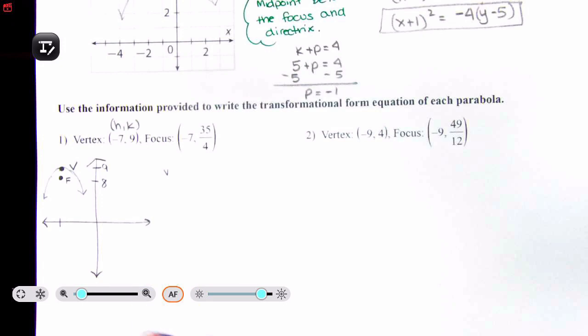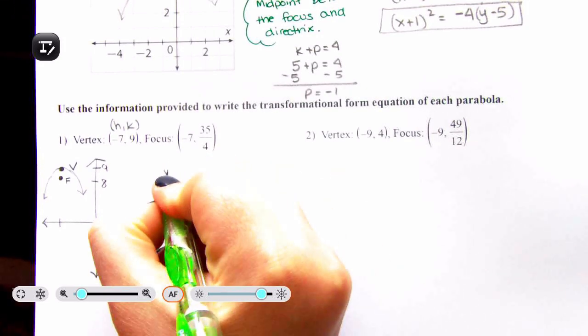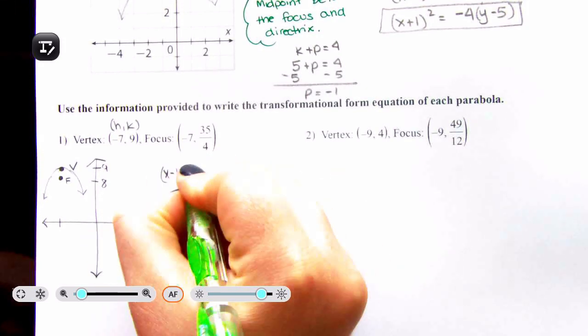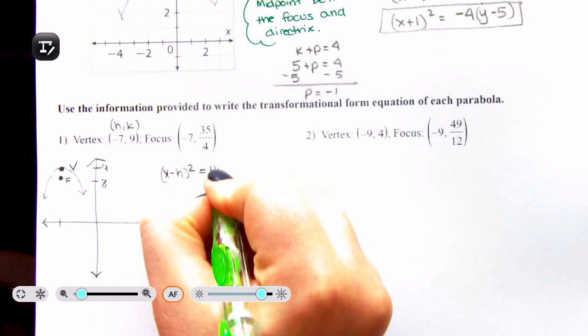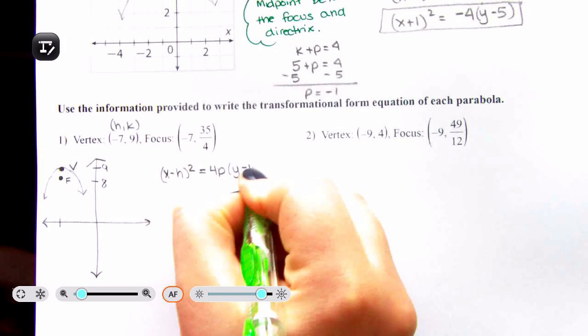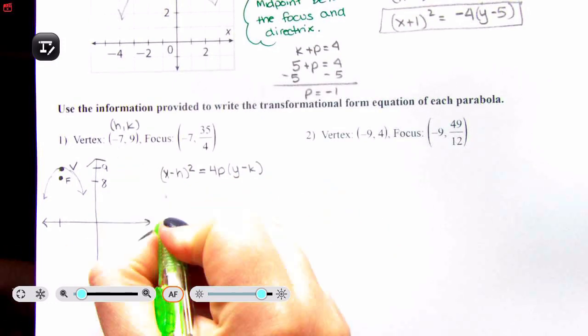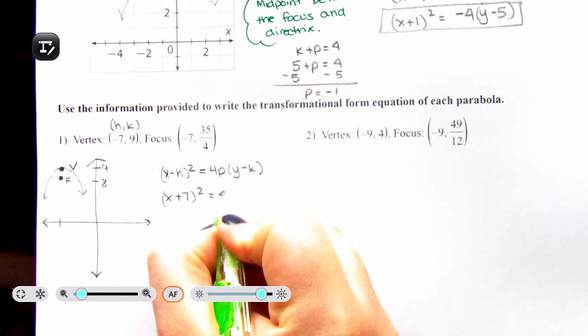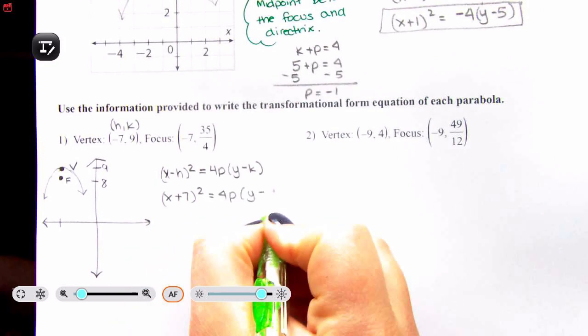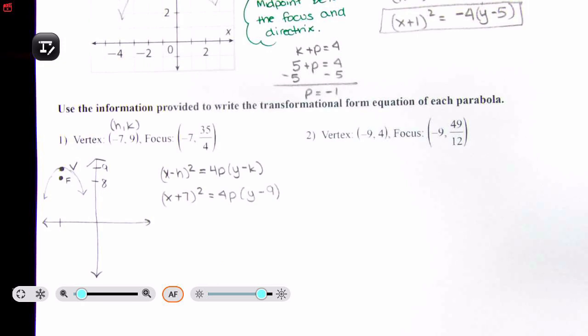Since it's going downward, down is a vertical change. Vertical is the y-axis. Therefore, p is attached to y. So we have (x − h)² is equal to 4p times (y − k). Again, vertex, whatever you see, you're going to write the opposite inside the bubbles. And then solve for p.